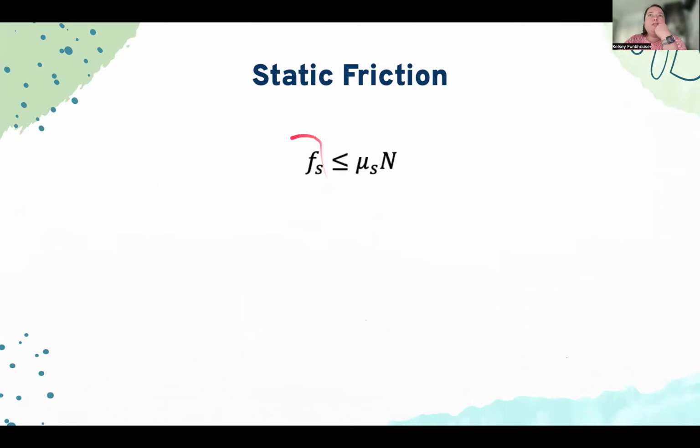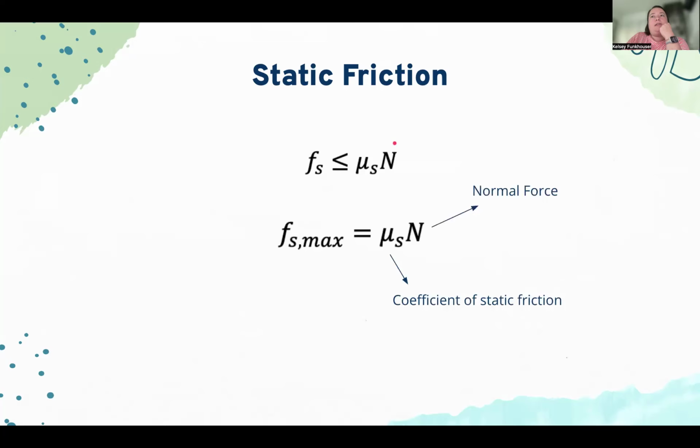So the equation we have for static friction is this. We're used to the symbol for static friction, it's just like a curly F with an S, is less than or equal to the coefficient of static friction times the normal force. I actually have those labeled here, so I'll just give you both of these.